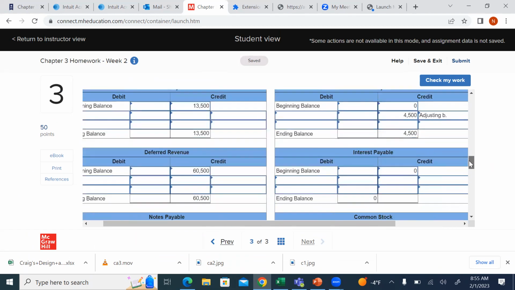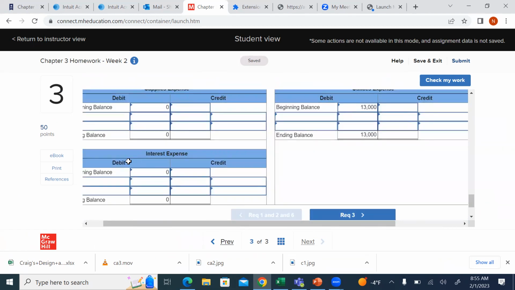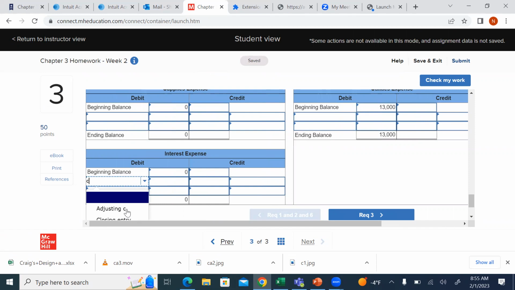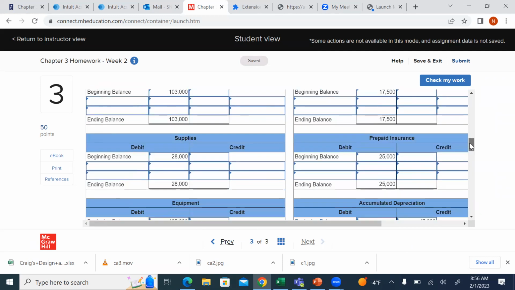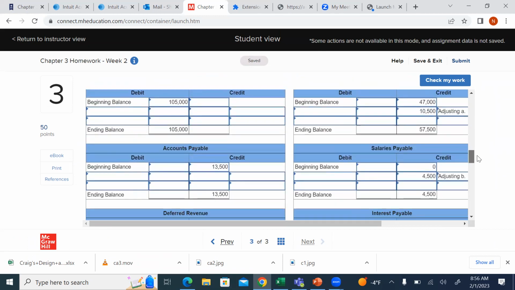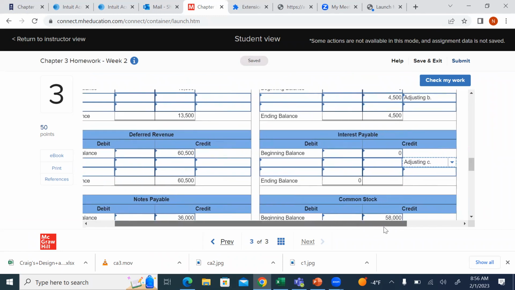Interest payable, 1,500. So we'll go to our interest expense. Adjusting C, 1,500. Okay. And interest payable, $1,500.